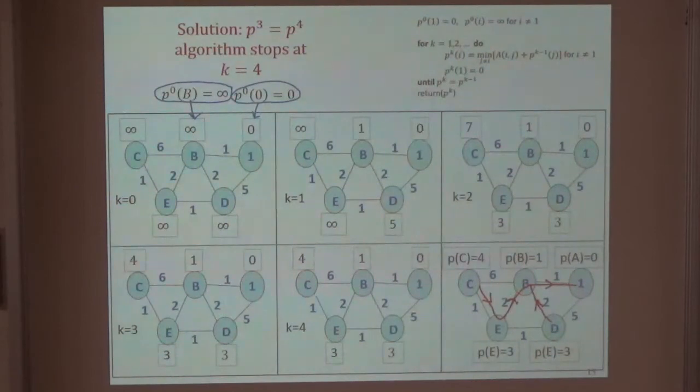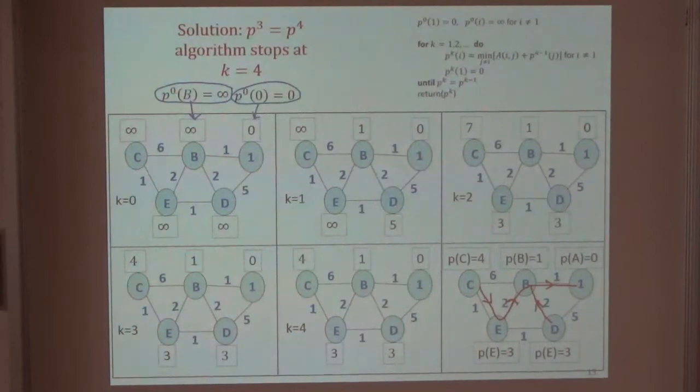Now there is a path that is better. It's longer in number of hops, but it's shorter in terms of cost. That's the path from C via E. Here we see it has a total cost of 4, and etc. So it's fairly easy to show by induction that what Bellman-Ford computes, at least with those initial conditions, is the cost of going from a given node to the destination in at most k hops.